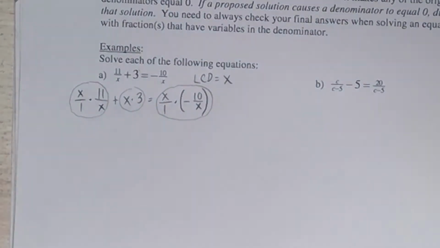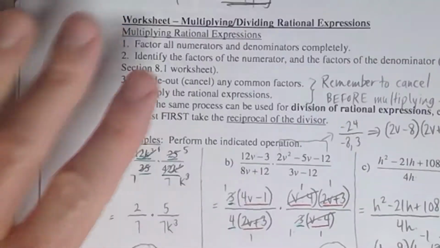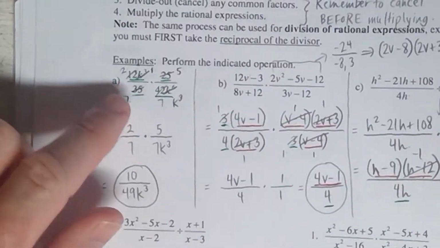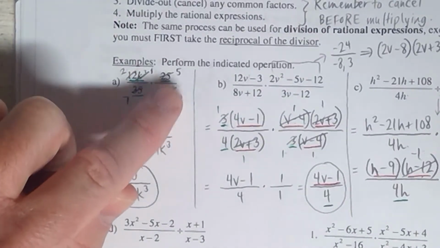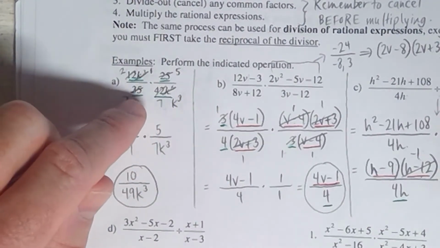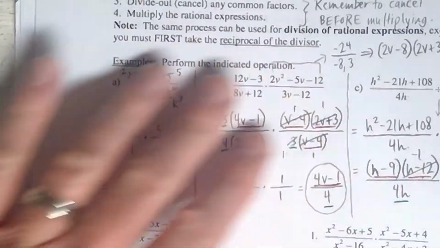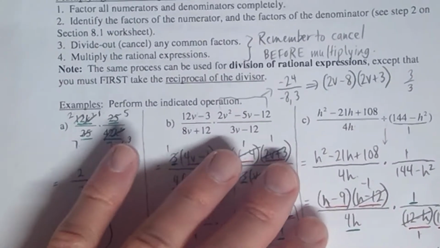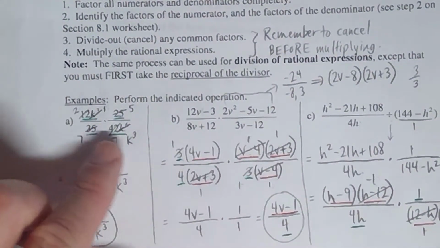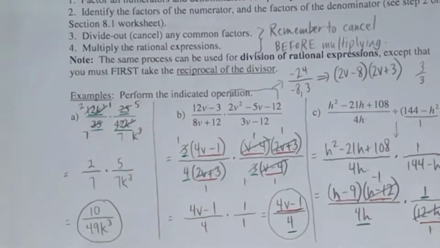Well, back in the fraction chapter, we learned how to multiply fractions together. And if you have a single term on the top and bottom, which we do in a couple of cases here in the current problem, you just start canceling right away. You don't have to do any of this factoring stuff like we did over here. If it's a single term in all 4 places, you just start canceling.